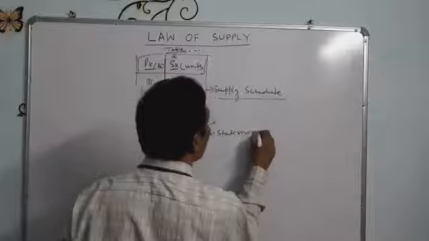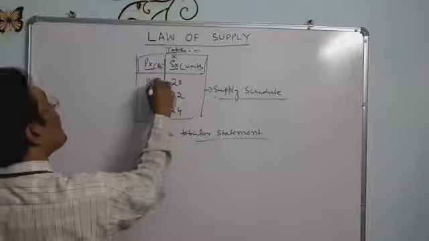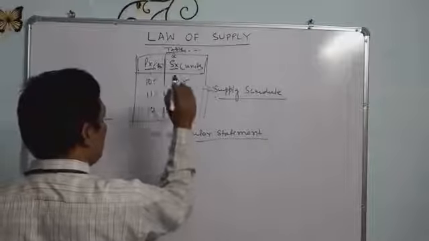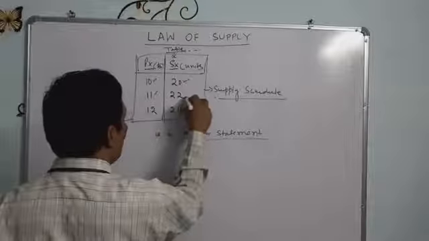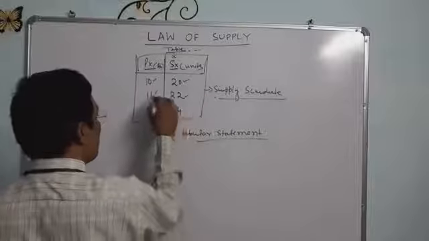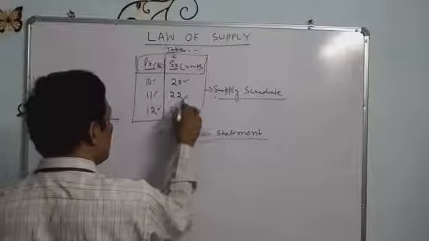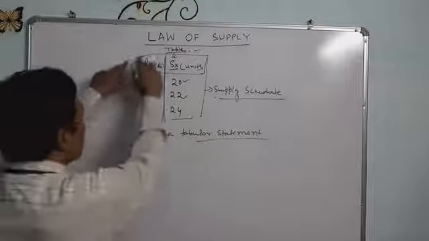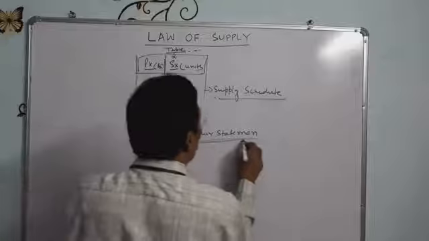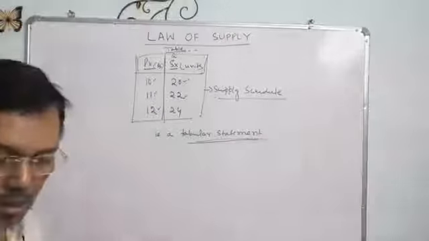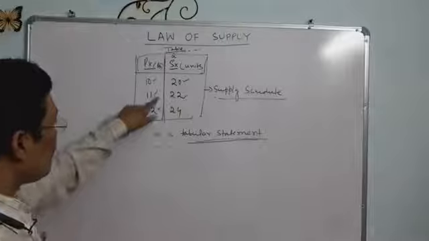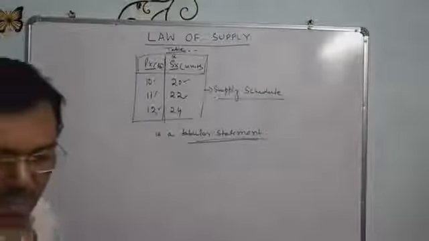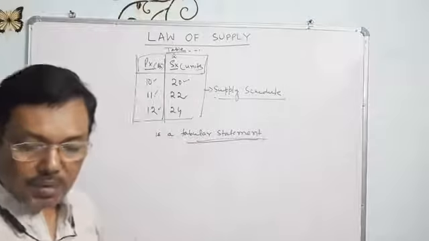When price is 10, quantity supplied of X goods is 20. When price of X increases to 11 rupees, quantity supplied increases from 20 units to 22 units. Similarly, when price increases from 11 rupees to 12 rupees, quantity supplied increases from 22 units to 24 units. This box is called the tabular statement: 10, 11, 12 and 20, 22, 24.